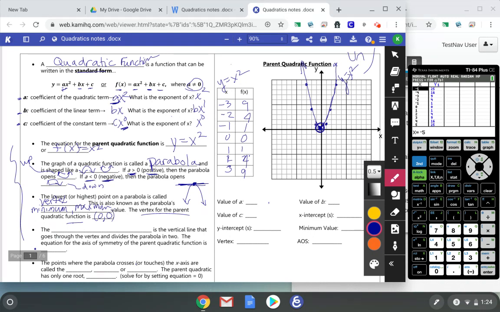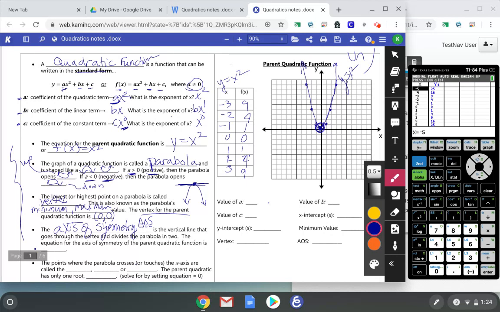Another important thing that you are going to want to be able to pull out from your graphs, or even from just the equation before you go to graph it, is the axis of symmetry. Sometimes you're going to see it as AOS, axis of symmetry. That is the vertical line that goes through the vertex, and it's going to split your parabola in half.